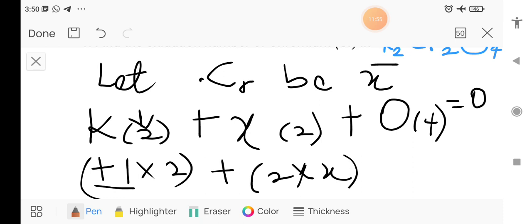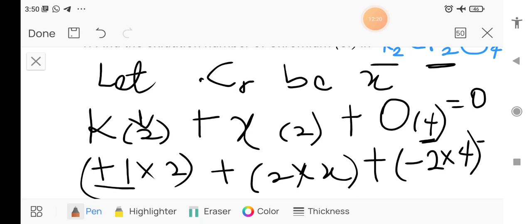Chromium, there are 2 atoms of chromium in the compound, right? And we know that the oxidation number of oxygen, except in peroxides, is -2. So we say -2 times 4, this 4 here, and everything will be equal to 0, right?